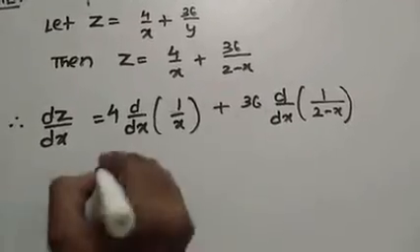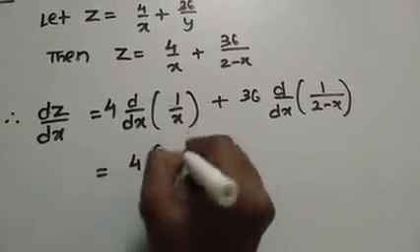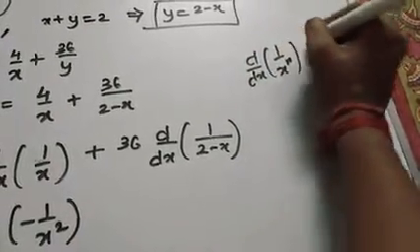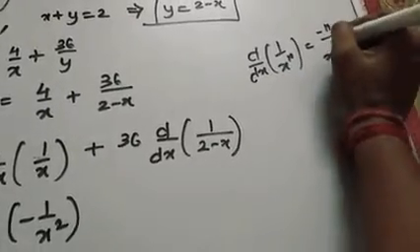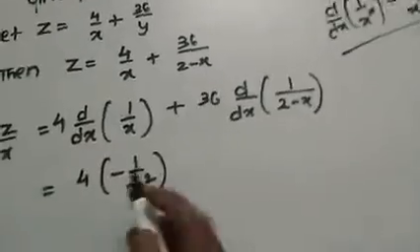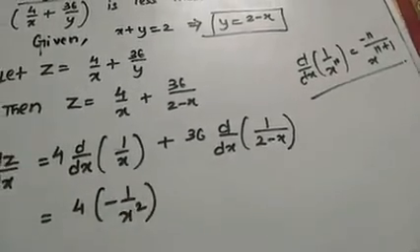Now the derivative of 1 by x is, as we all know, minus 1 by x square, by using the formula d/dx of 1 by x to the power n equals minus n by x to the power n plus 1. Here n was 1, so I just use that formula.